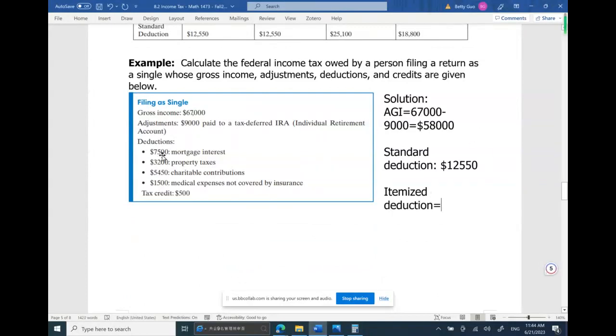We need to add up those amounts. Deductions: $7,500 mortgage interest, property taxes, charitable contributions, medical expenses not covered by insurance. So we're going to add those amounts together. We have 7,500 plus 3,200 plus 5,450 plus 1,500.